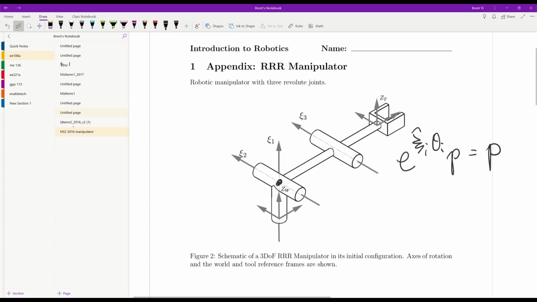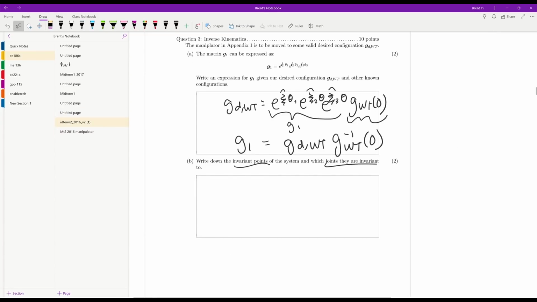So let's go back, and we'll say that any point along an axis of rotation is invariant to the corresponding joint. I'm terrible at spelling. Corresponding joint.